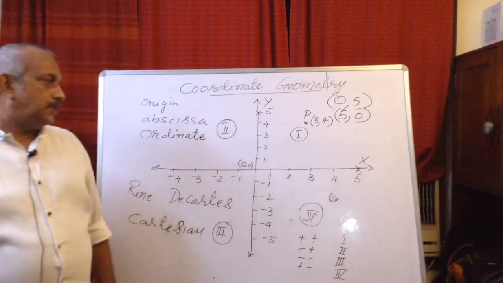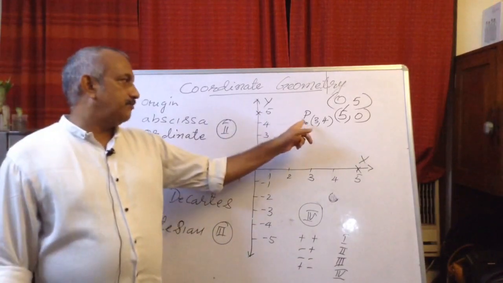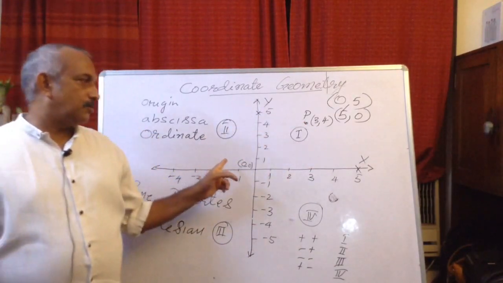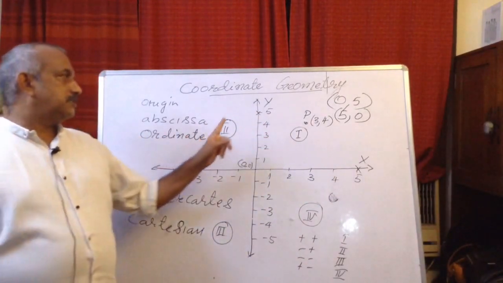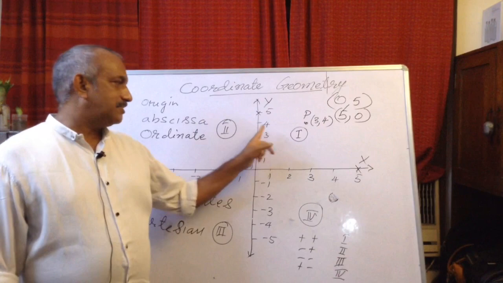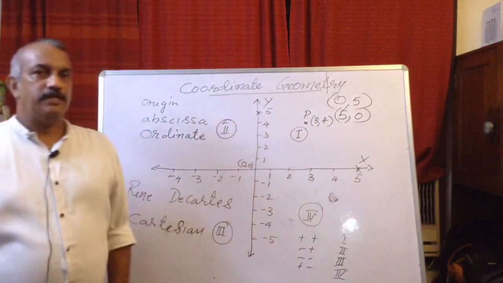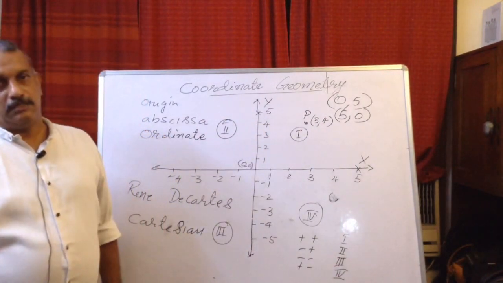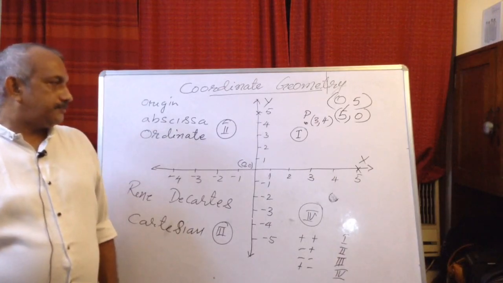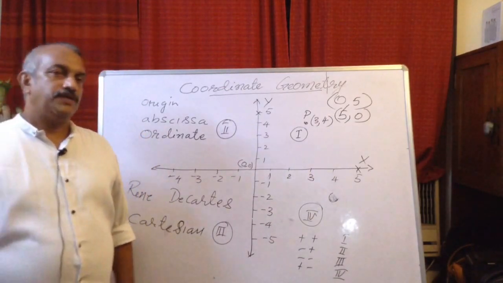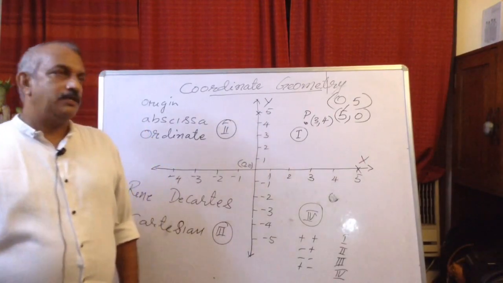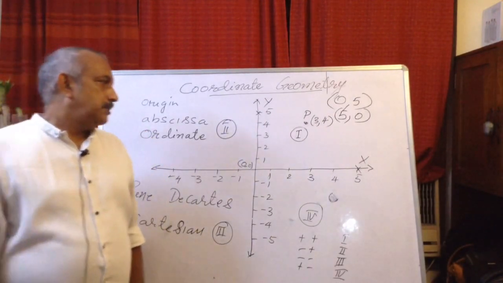Then the distance of a point from the x-axis is called the y-coordinate or ordinate, and the distance of a point from the y-axis is called the x-coordinate or abscissa. When we write the coordinates of a point, we always write the x-coordinate first and then the y-coordinate.